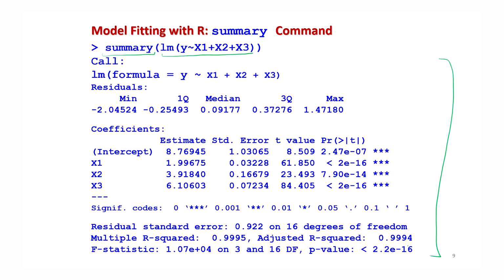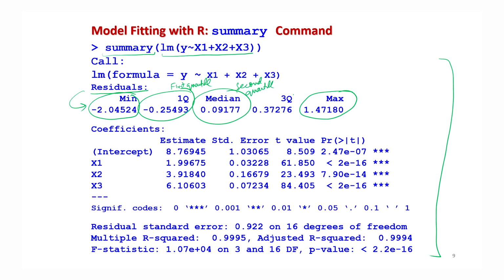You can see here the residuals, and for the residuals you are getting the output you would obtain with the summary command over a data vector: the minimum value of the residuals, the maximum value, the first quartile, the median, that is the second quartile, and then the third quartile of the values of residuals.